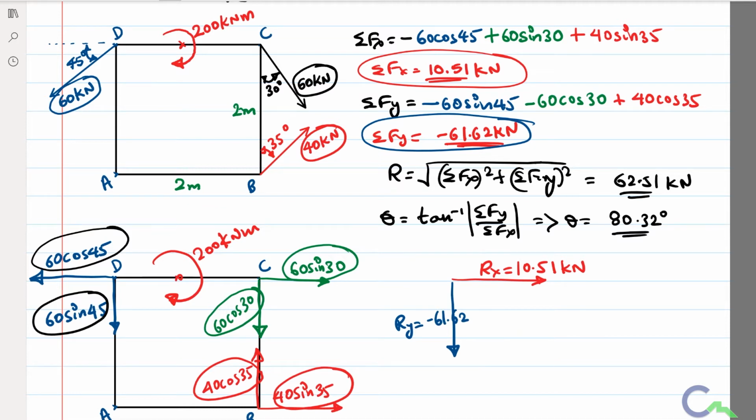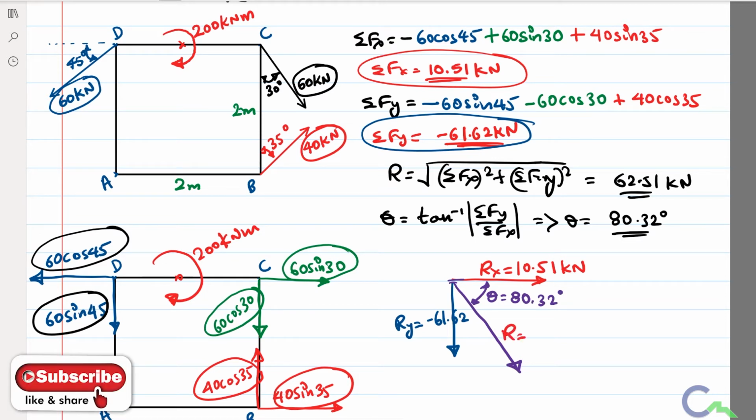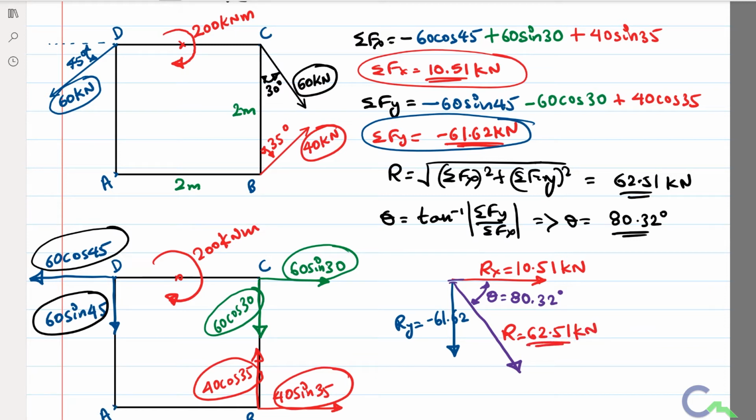Therefore the resultant is acting in between these two directions, almost vertical because 81 degree, with theta equal to 80.32 and the resultant value 62.51 kilonewton.